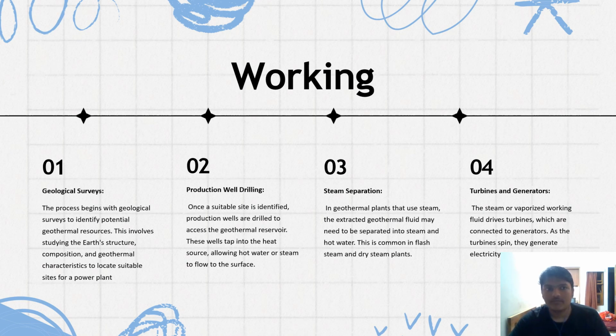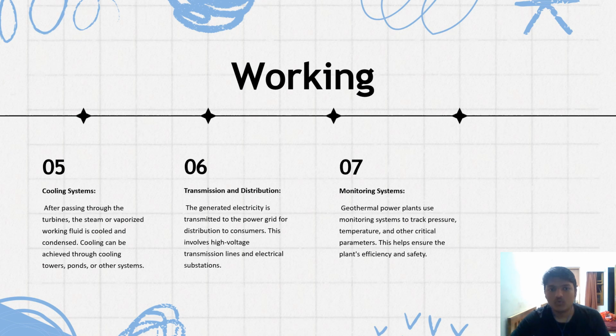Then the fourth step, turbines and generator. The steam or vaporized working fluid drives turbines which are connected to the generators. As the turbines spin, they generate electricity. Something which rotates at high speed has the potential to generate electric energy. Fifth step, cooling system.